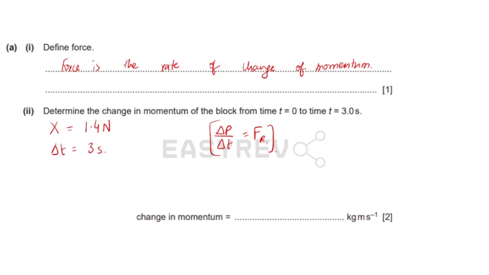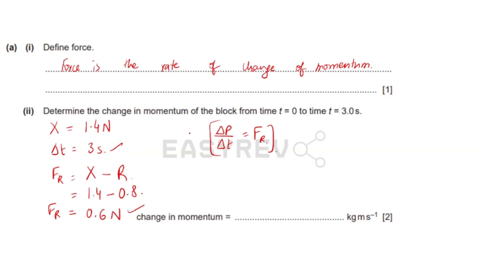So I have to first express this resultant force, which would be the forward driving force X minus the resistive force. Let me call it R. So we would get 1.4 minus 0.8, and this should be about 0.6 newtons.